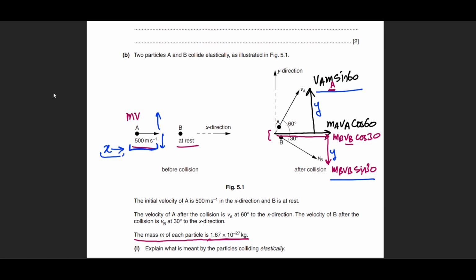So one way to look at this would be that either M VA sine 60 is equal to M VB sine of 30. They're exactly equal, so they cancel each other out and the resultant answer should be 0 along the y-axis. Or they can be written like this: M VA sine 60 minus M VB sine 30 equals 0.